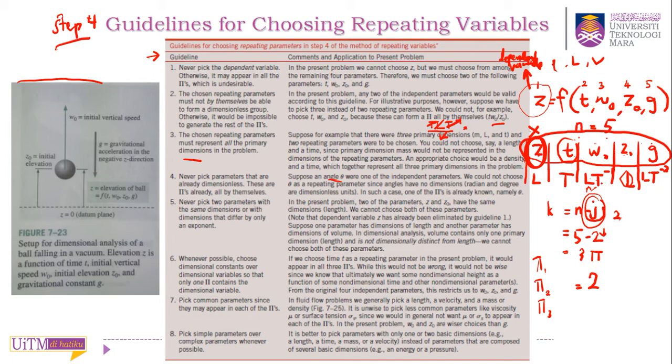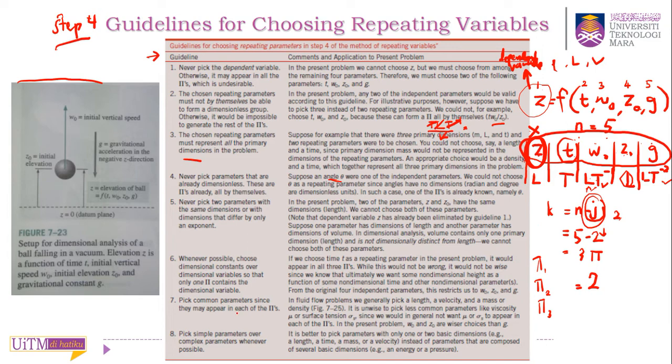It's not wrong, but it is not the wiser option to choose T because you will have T repeating in other parameters. It's advisable not to choose T because in W0 you have T, and in G you also have T. Okay, so you cannot choose that.